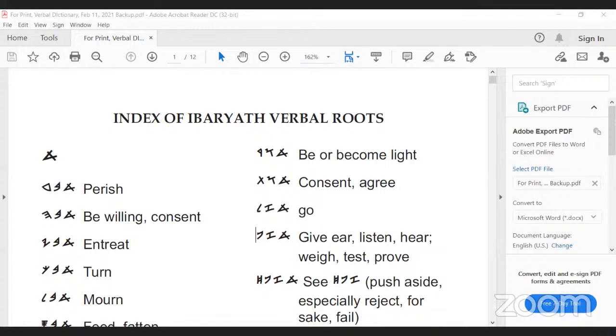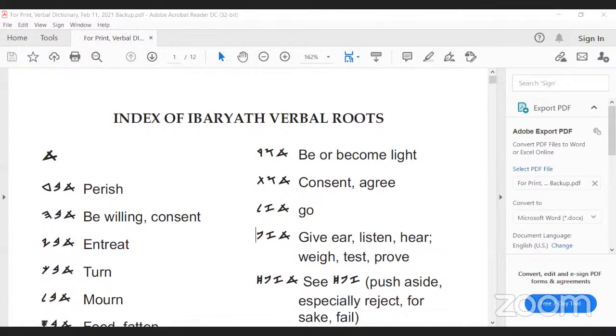Okay. So the index of Ibaryath, so we can say Ibaryath or Ibaryath of verbal roots. Now remember, in this writing system, let's backtrack. So there is language. Our ancestors spoke Ibaryath, you can say Ibaryatha. Then there is the writing system.